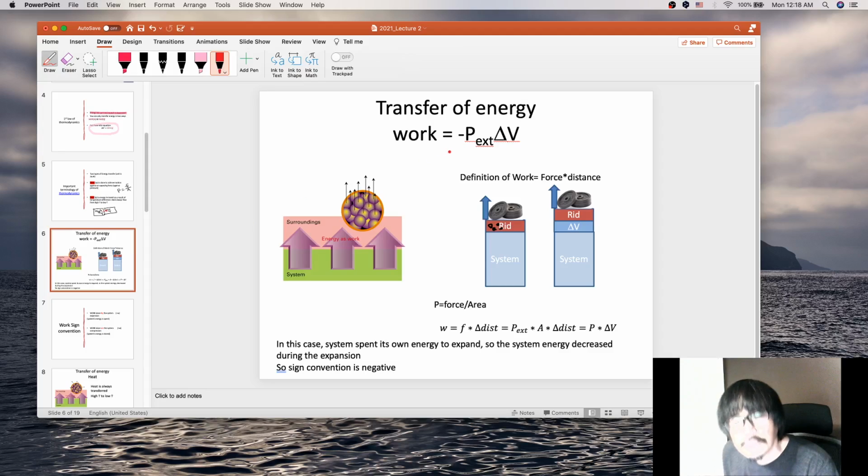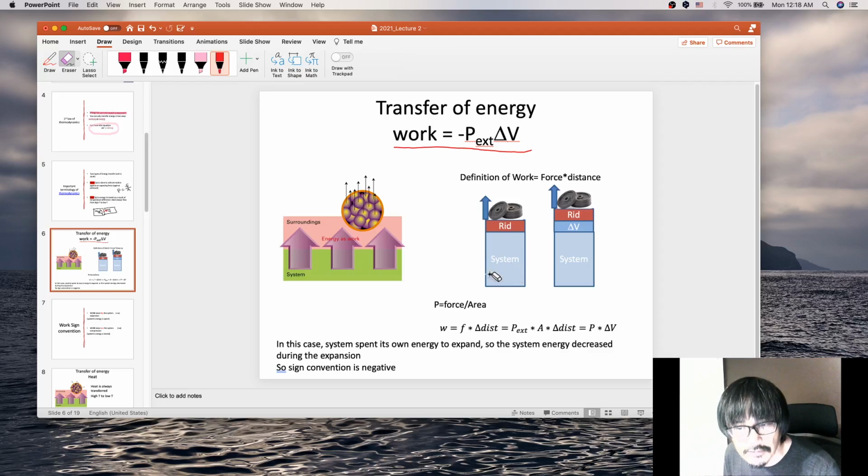So the first type of energy transfer is work, and you probably remember that work is equal to negative external pressure multiplied by the change in volume. I hope that you do remember that from general chemistry. Now, let's think about one particular example here.